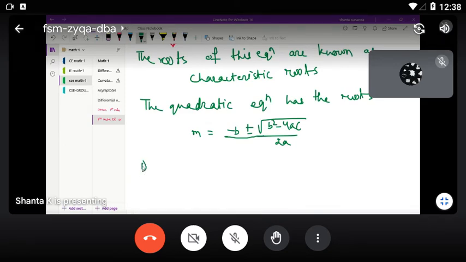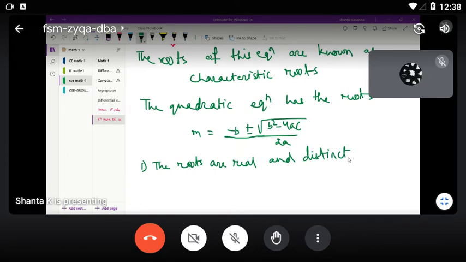Okay. First, you can have distinct real roots. The roots are real and distinct. So looking at the type of roots, you will get the solution.